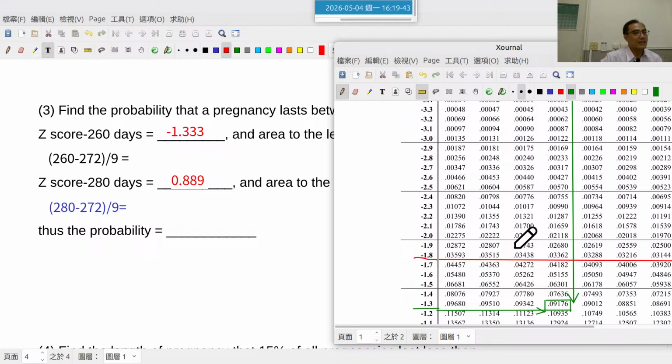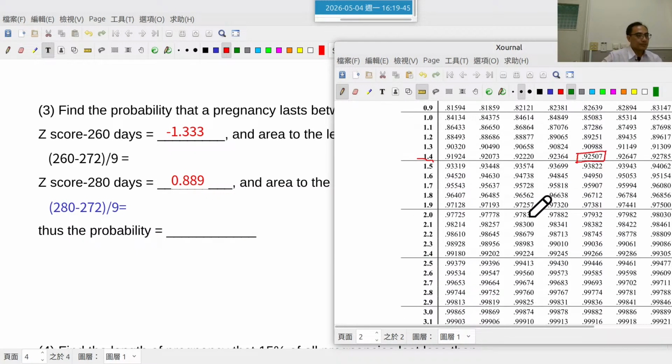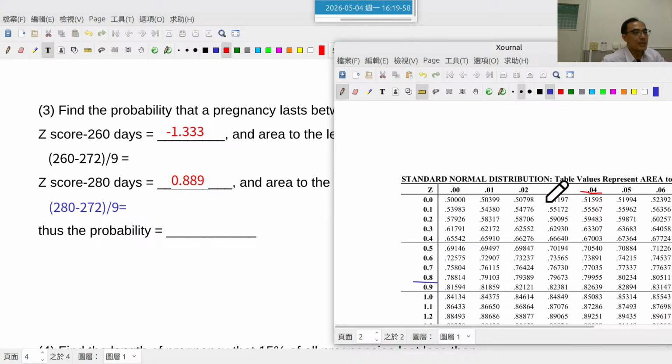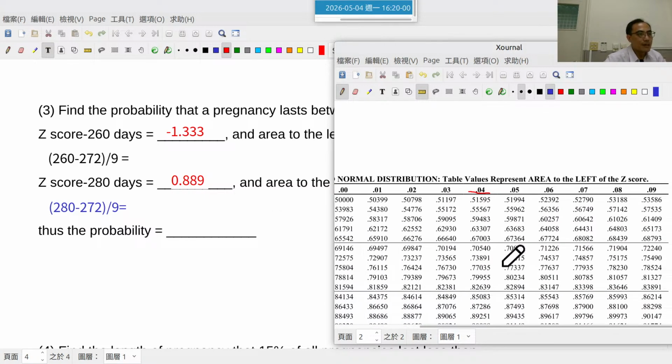Positive 0.88. I use the blue one, 0.8. And now we need to round up to the second decimal. Thus, it would be here.